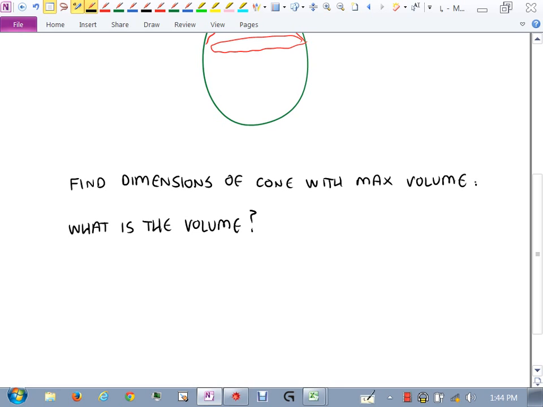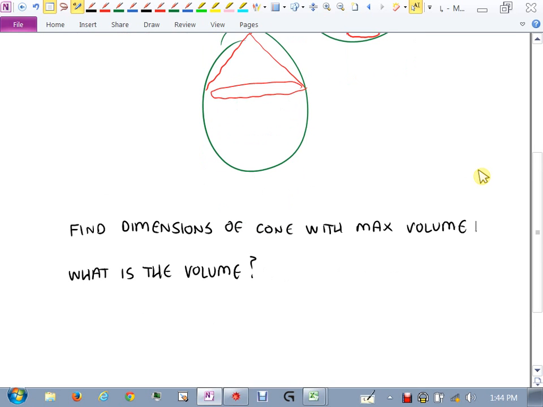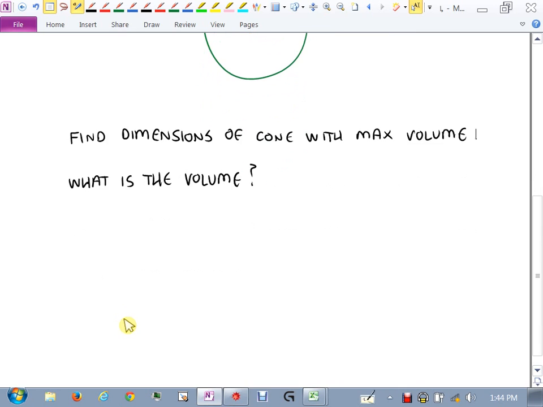Can you come up with a function that you can find the max and min of? I mean, can you generate it or not? So let's go with what we know here. You want the maximum, right? The maximum volume of a cone, right? Which means you need to know the formula for the volume of a cone. What is the formula for the volume of a cone?